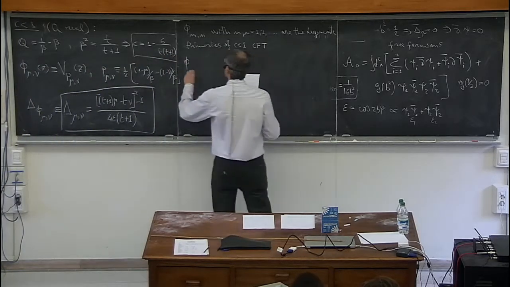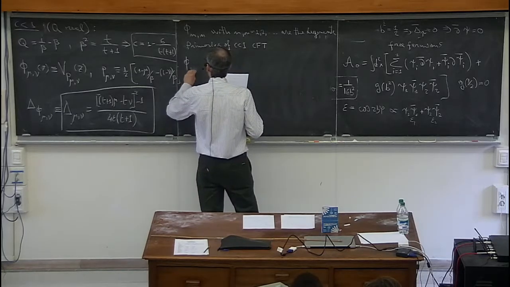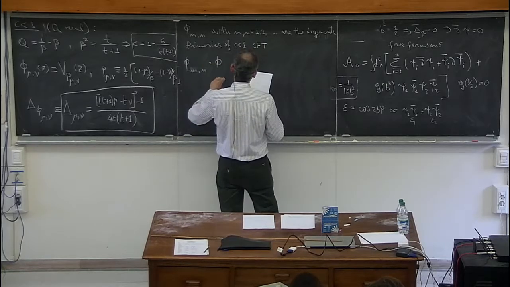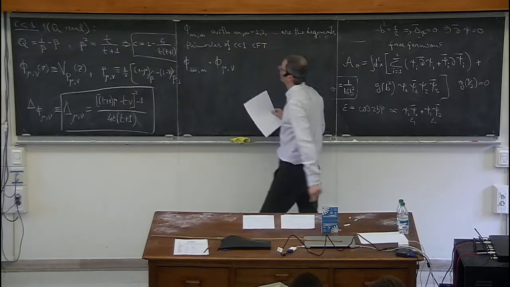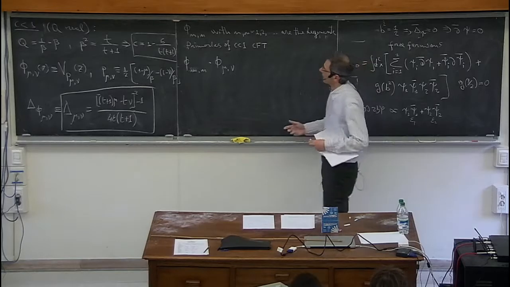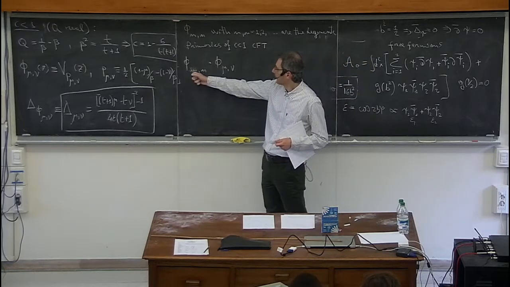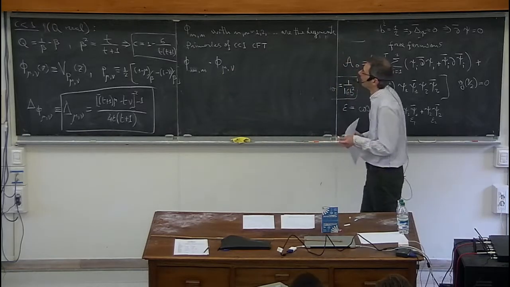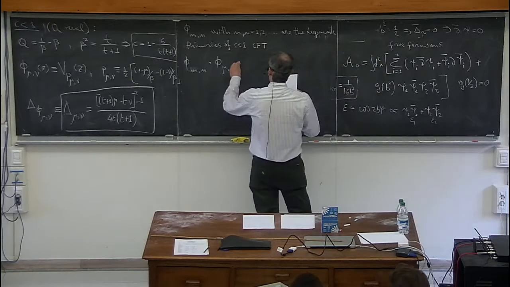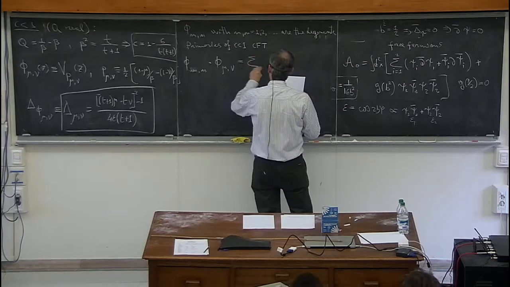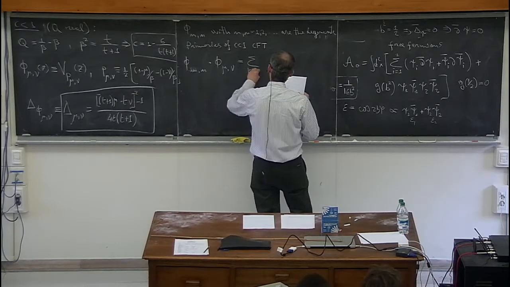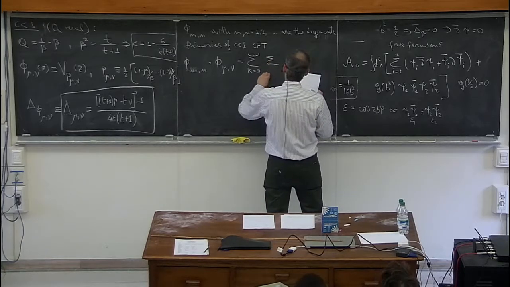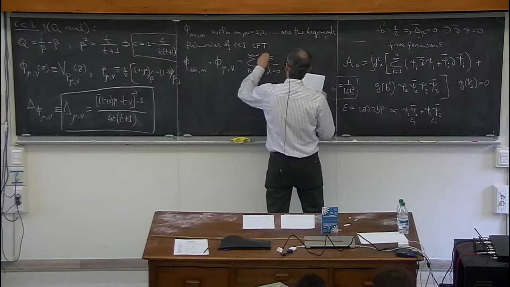So this is the OPE as a consequence of these differential equations. The OPE of a degenerate primary with a generic field takes this form: sum k from 0 to n minus 1, sum l from 0 to n minus 1.